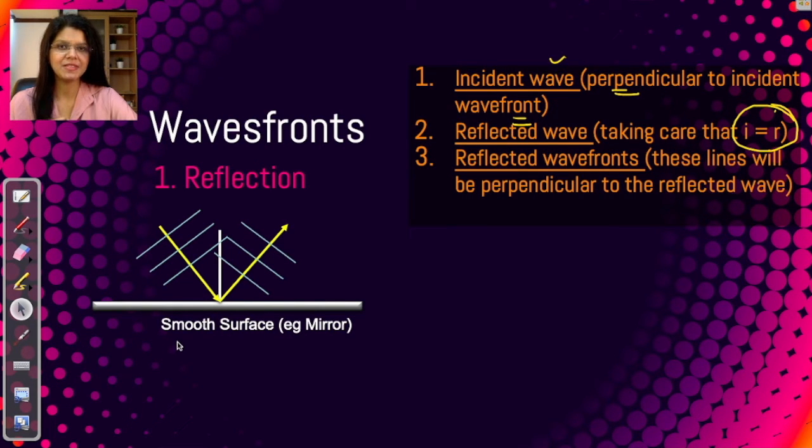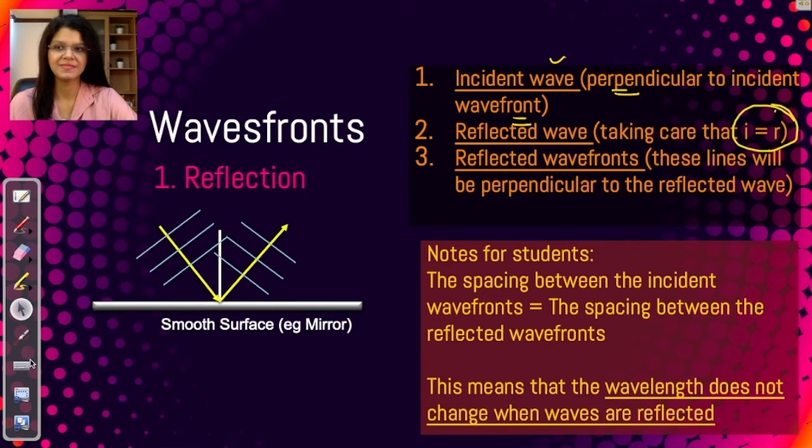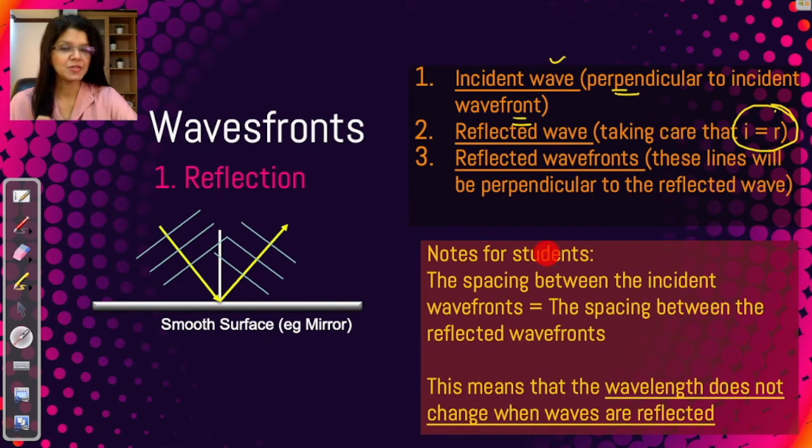Now, one important thing to note. Note for the students, very careful, pay attention. The spacing between the incident wavefronts, if you see the spacing here, should be equal to the spacing between the reflected wavefronts. Why? Because reflection does not change your wavelength.